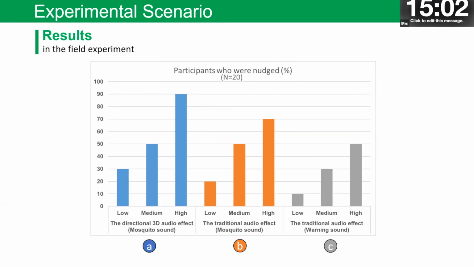So we observe that using the proposed directional 3D sound effect is the most effective to prompt the participants in the social distance scenario, as most of them get up from the bench. Our threshold is when people on the seat get up within 2 seconds, they are considered nudged according to the user's reaction to the audio.